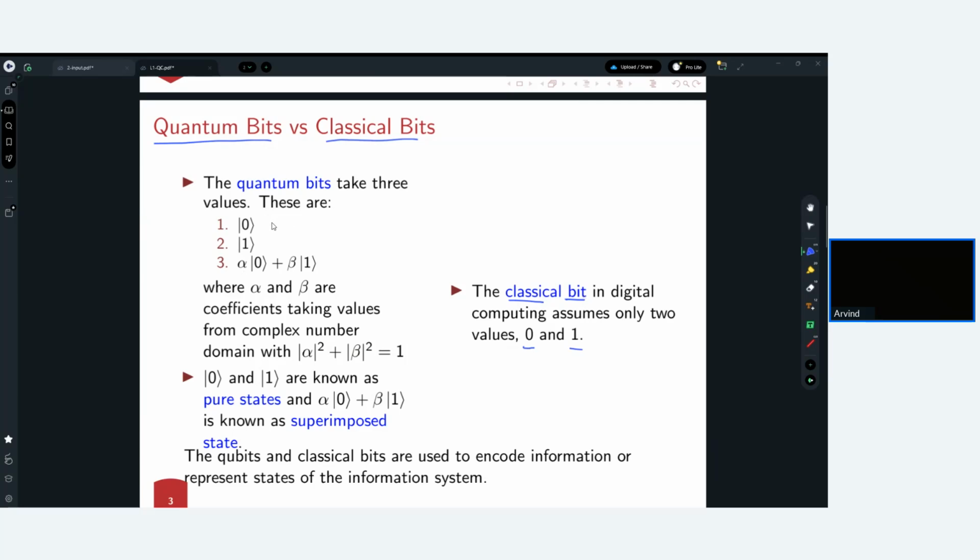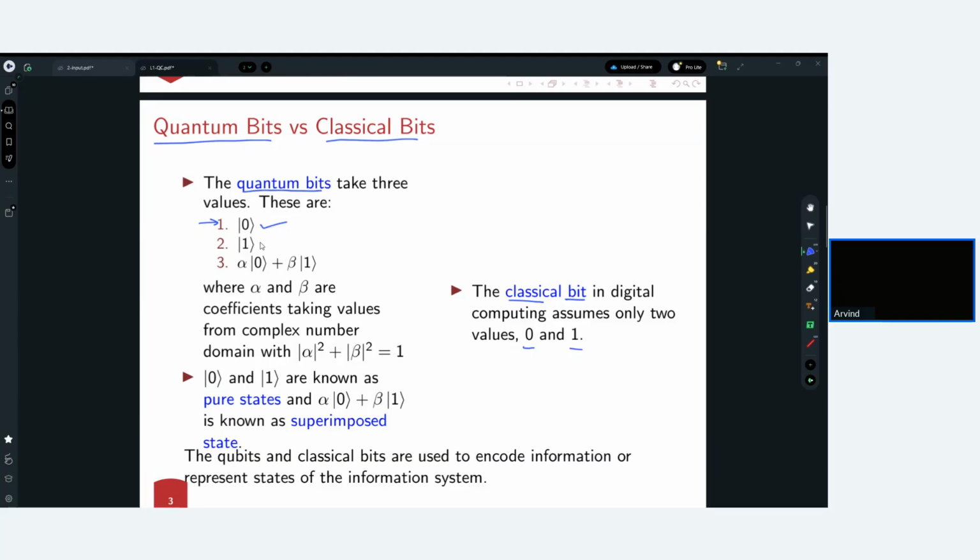In case of the quantum computer, the quantum bit takes three different values. The first value, for the time being, is called quantum bit 0 or qubit 0.